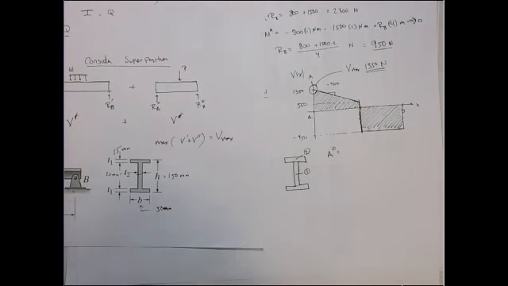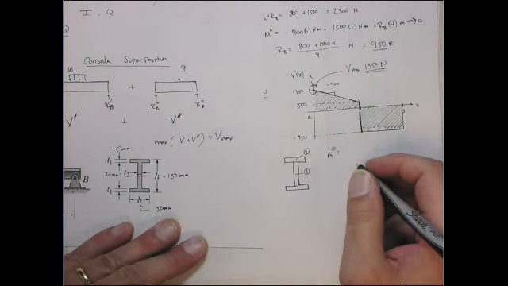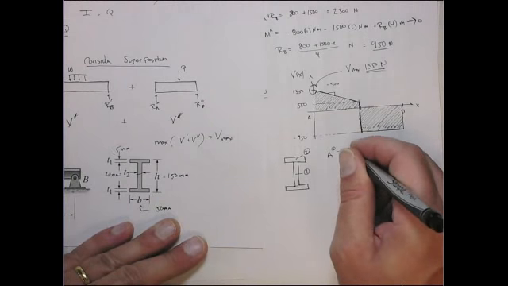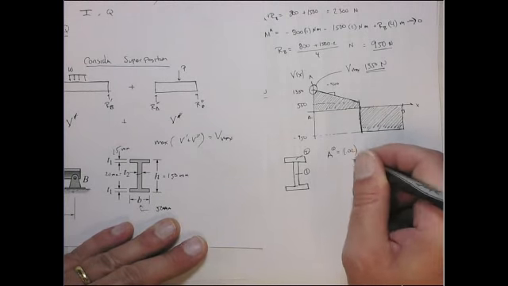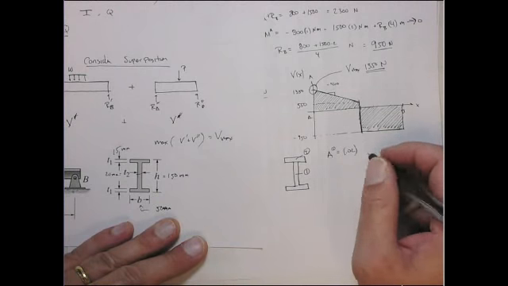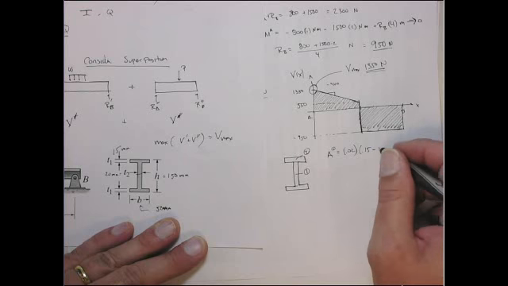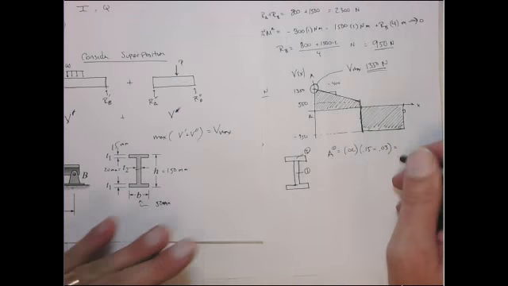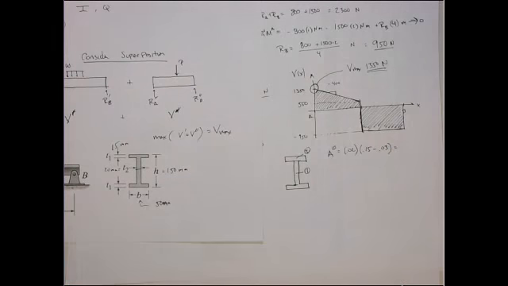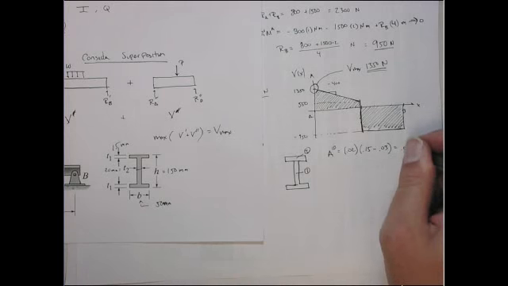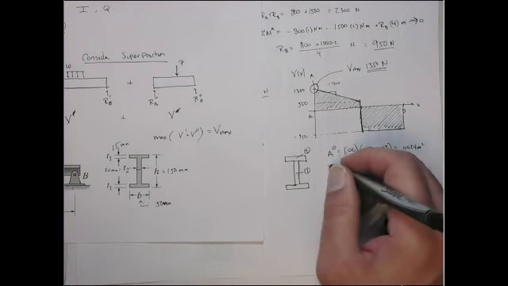So the area of section 1 is going to be 0.02 meters times its height, which is 0.15 meters minus 2 times 0.015 meters, or that's 0.03 meters. And that's going to equal 0.0024 meters squared. Okay.